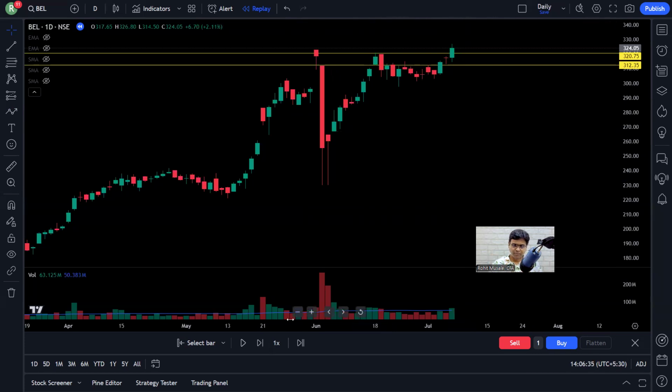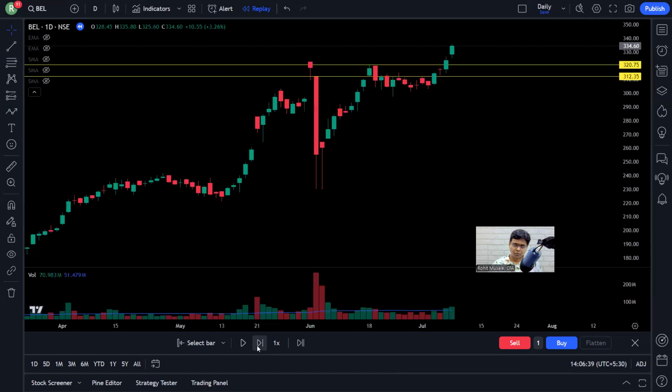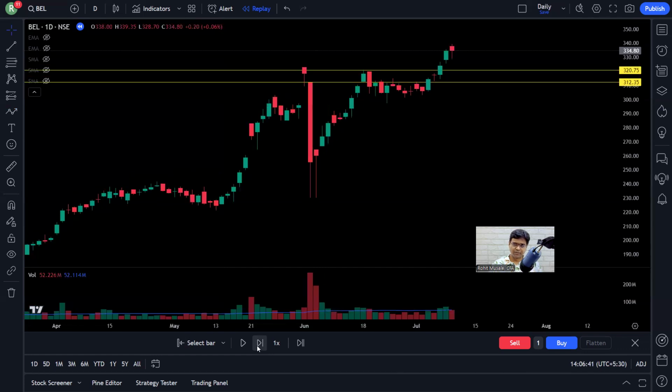Now let's see what happens next. The stock begins to go up, goes up nice 3.26%. And then here you have a red candle. Now I decide here on this day, there were other stocks in my portfolio which were going down. So what I decided is I will close this position.